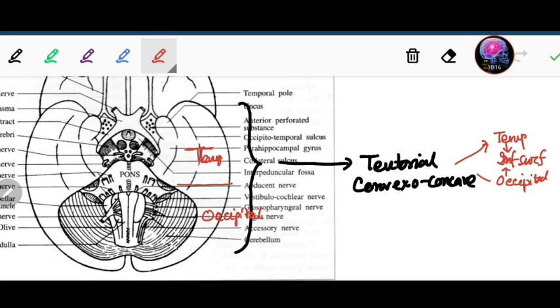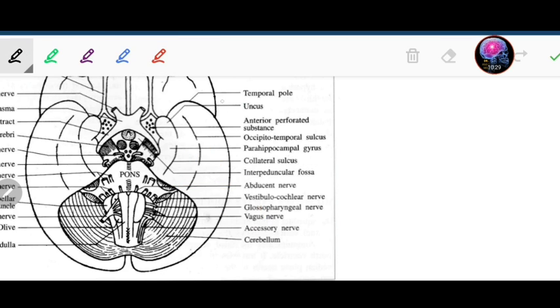Its anterior part of the tentorial surface rests on the middle cranial fossa, whereas the posterior part of the tentorial surface rests on the tentorium cerebelli.